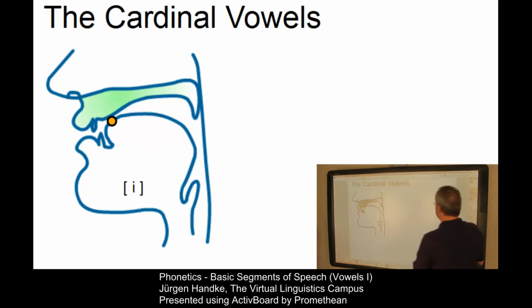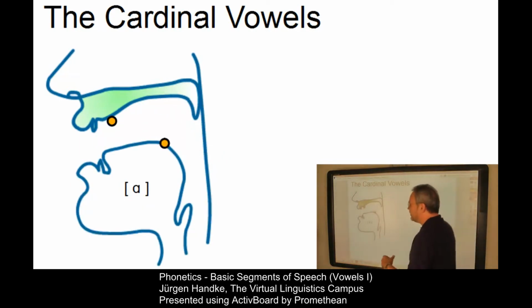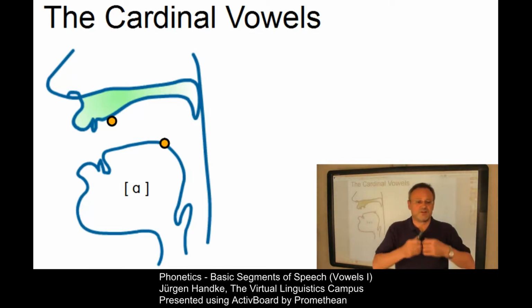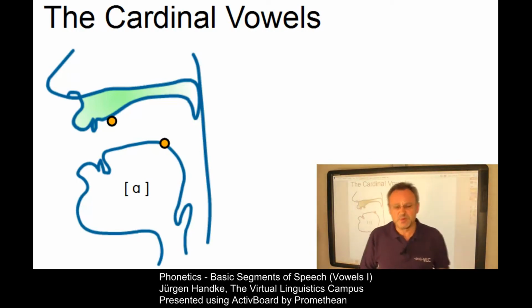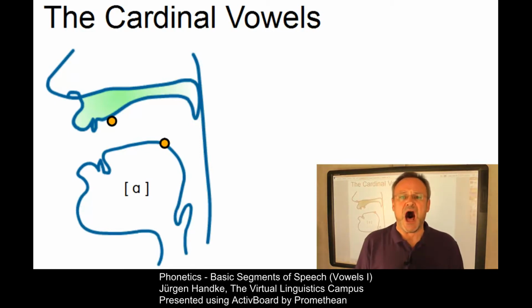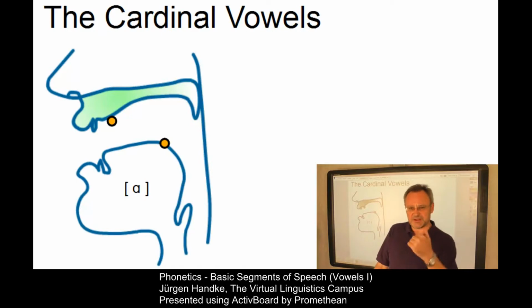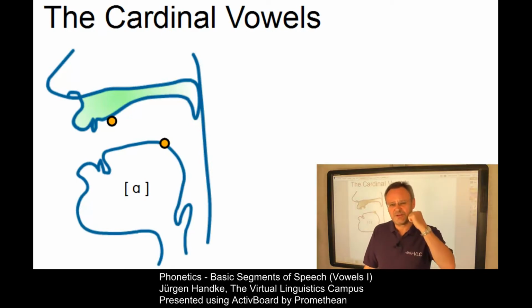Now the second vowel that serves as a reference point is the opposite. It is a vowel which involves the lowest possible tongue position, that is, you have to open your mouth, and the most back quality. The vowel would be something like this: A. So now my tongue is back and low in the mouth.